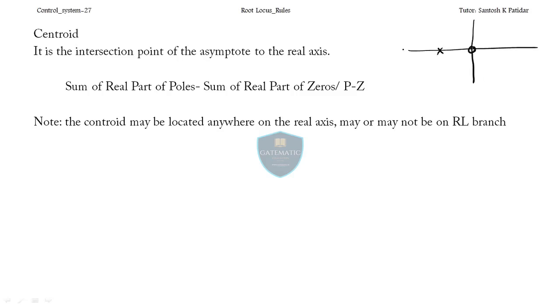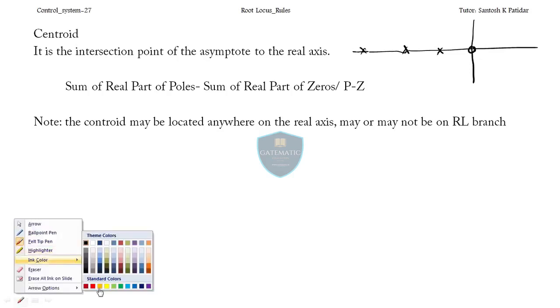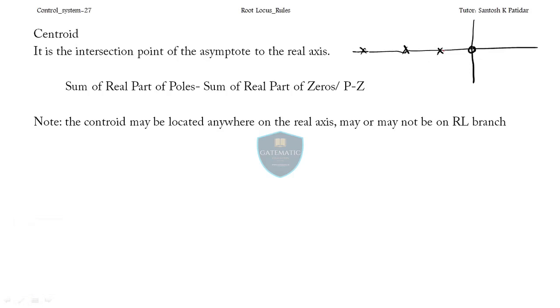Suppose let's take it like this. Let me change the color. Let's check the RL branches. I'm coming to this point. I'm not getting anything on the right-hand side, so no branch will exist over here.